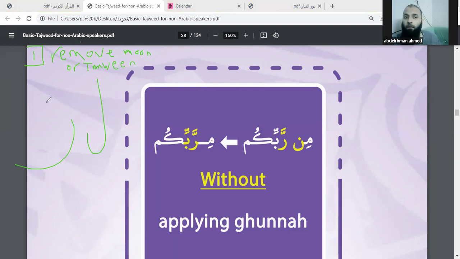Second step, we add shadda to the next letter. Let me write it here. Number two, we add shadda to the next letter. We add what? We add shadda.